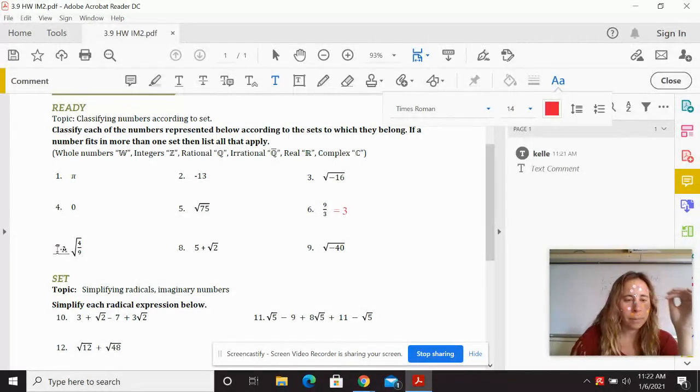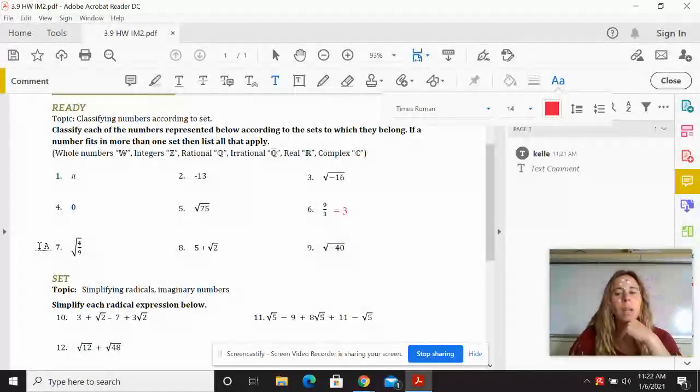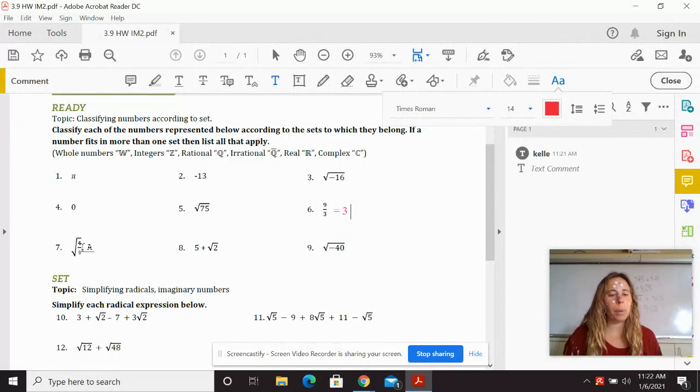Okay, this one, number 7. The square root of 4 over 9. So before you go, oh my, that's irrational, work through it a little bit. Think back to our radical rules. What this means is you have to take the square root of the numerator and the denominator.